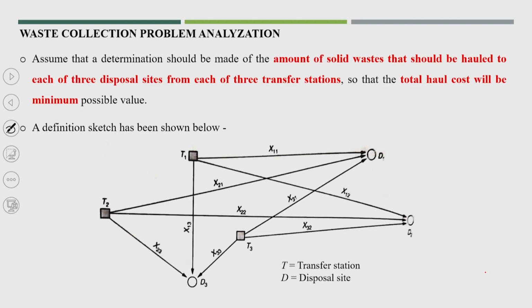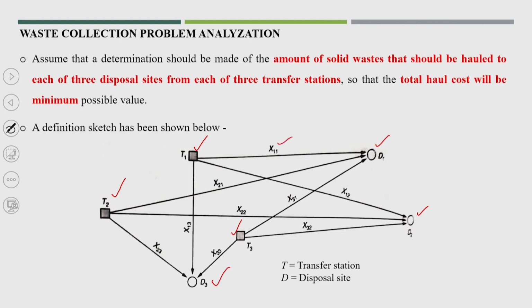We have 3 transfer stations, T1, T2 and T3, and 3 disposal sites, D1, D2 and D3. Now, they are connected. From the first transfer station T1 to the first disposal site, the amount could be X11, and from T1 to another disposal site, D2, it is X12.